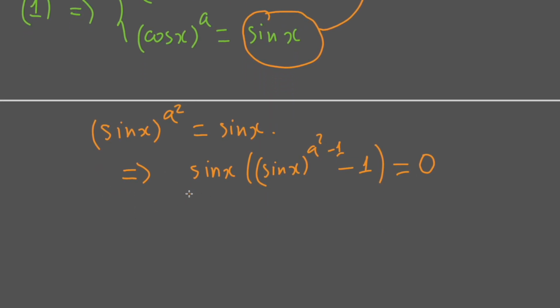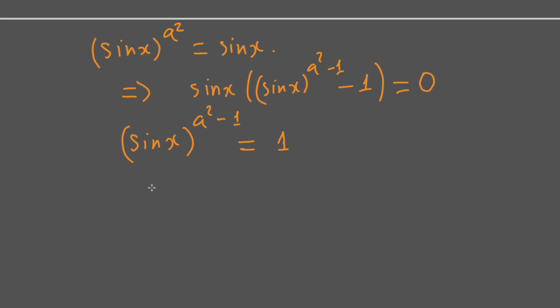We know that sin x is greater than 0, so it cannot equal 0. So the only possible thing here is sin x power of a squared minus 1 equal to 1. And as the condition says sin x is smaller than 1, sin x cannot equal 1.